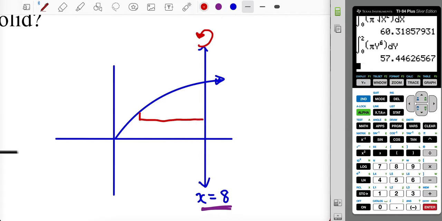You want to have your rectangles, that's not a rectangle, you want to have the rectangles that represent the radius of your disk be perpendicular to the axis of revolution. All right, so copy, paste.